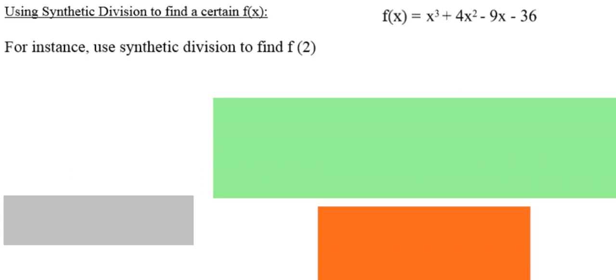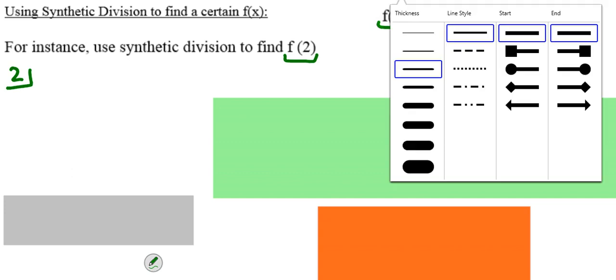So for example, if we are given this polynomial right here and asked to find f of 2, normally we would just plug 2 in, right? But it's asking us to use synthetic division to find that. And so what we're going to do is put our 2 in our little box, and use synthetic division. I'm going to change the thickness.